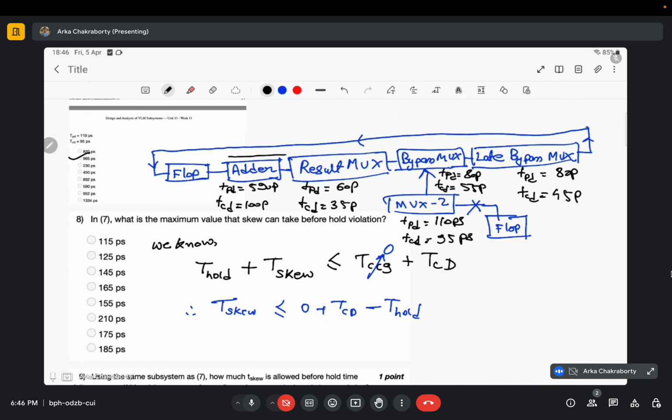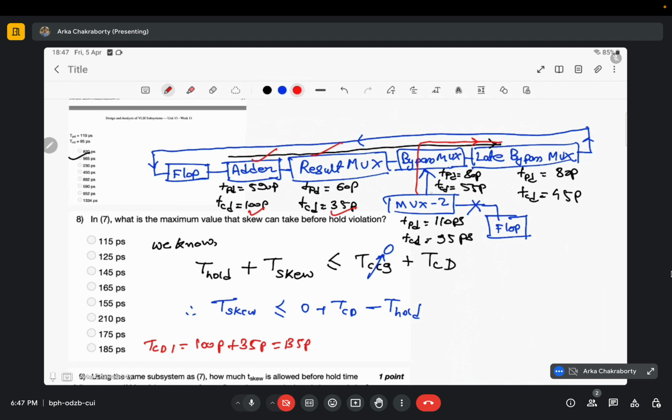One path could be this, another path could be this. Now which path is correct? It will depend upon which path is providing the least amount of contamination delay. So basically this plus this would provide me a contamination delay of how much? Path 1 would provide a contamination delay of 100 pico plus 35 pico, which is 135 pico.